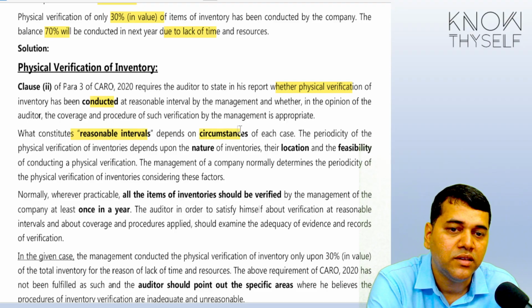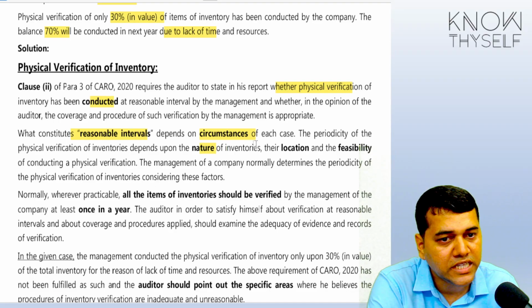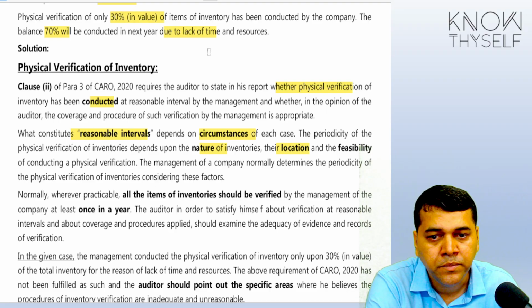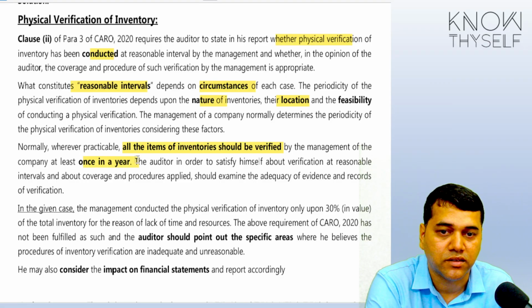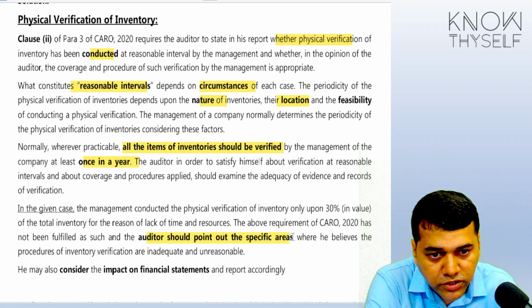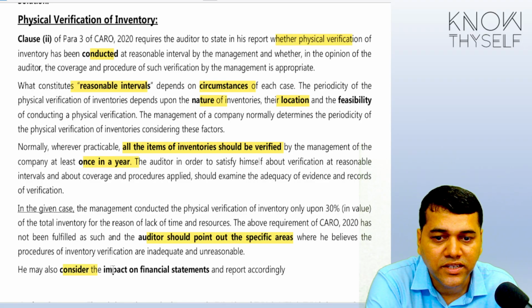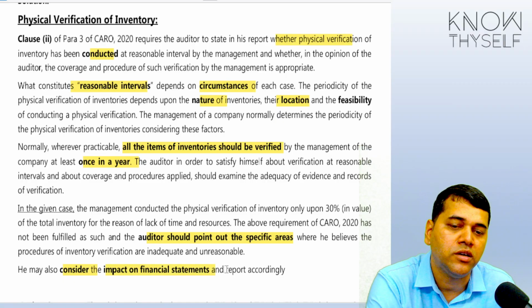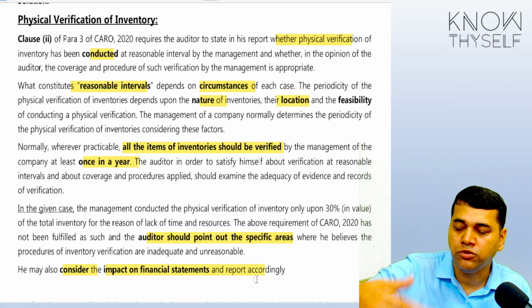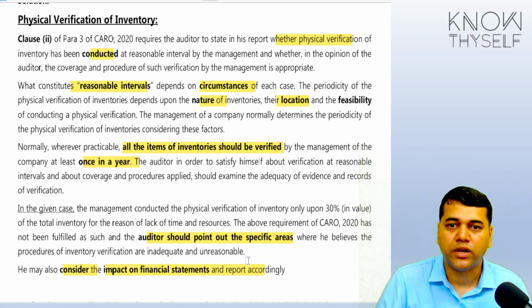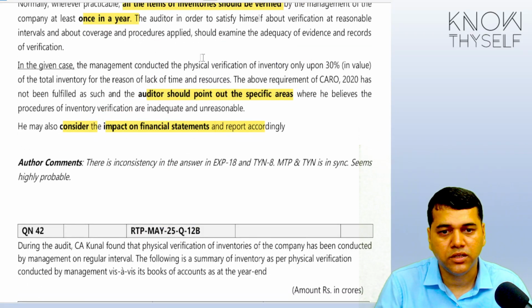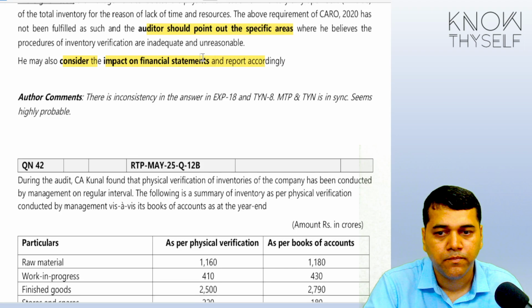That depends upon the circumstances of each case, nature of inventory, location, feasibility, etc. But whatever, all the items should have been verified at least once in a year. So auditor should point out this specific area and consider the impact on the financial statement and report accordingly. So you have to tell the members, look, inventory verification is not happening from time to time. They have done only 30%. So like this you may have to quote.